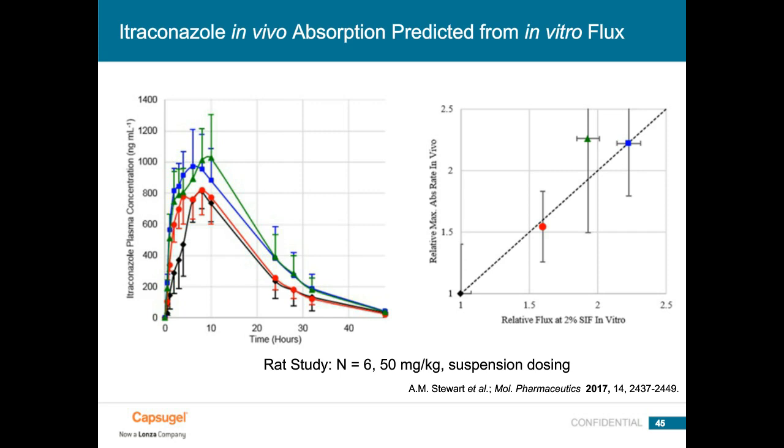But if we plot on the right-hand side, the y-axis being the maximum flux in vivo, so that being the maximum absorption rate observed in vivo, versus the flux observed in vitro on the x-axis, all relative to Sporanox, we see a pretty good 1-to-1 correlation between the in vitro flux and the in vivo measured flux in the rat, which indicates that we have a good in vivo predictive test on which we can optimize formulations.